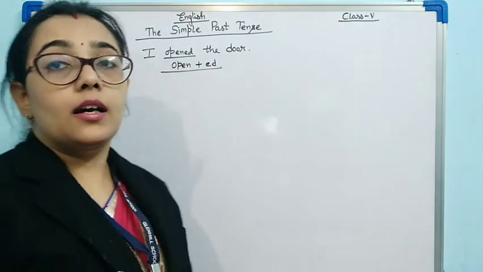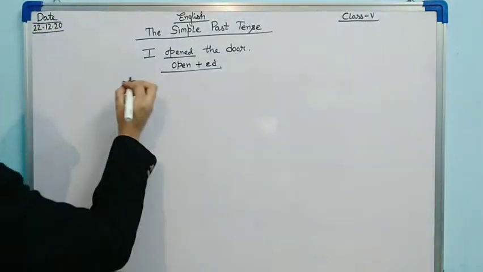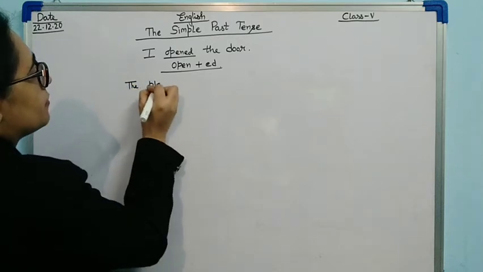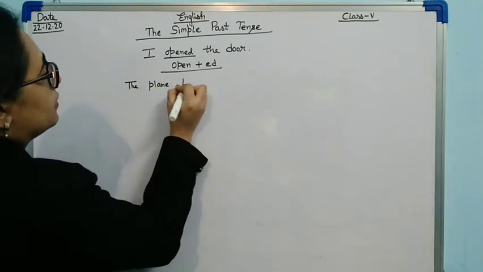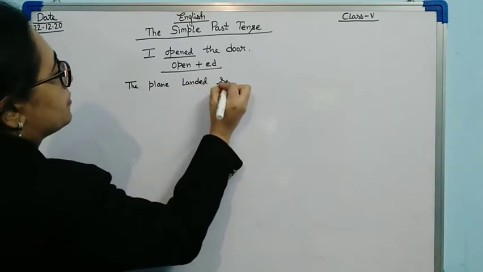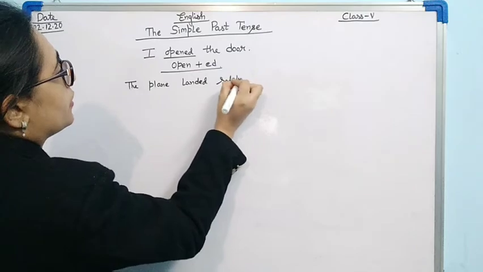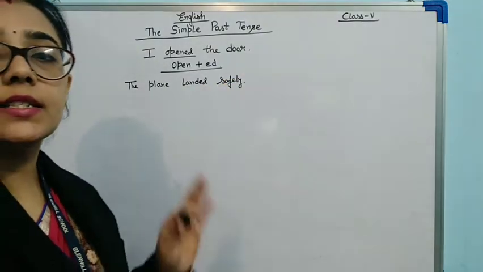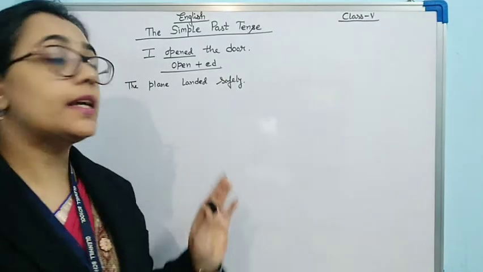Another example: the plane landed safely. By this sentence, you can see clearly what the sentence is telling.